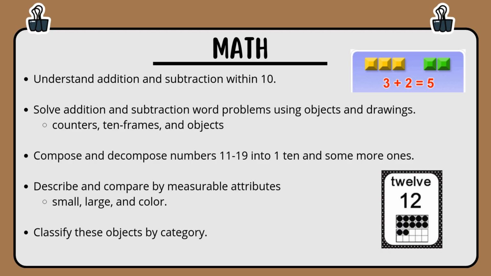You can also make 5 with 4 and 1, 1 and 4, as well as 5 and 0, and 0 and 5. We can see what the numbers 11 to 19 and 20 look like when using a 10 frame. We can see that the number 12 is represented by 1 full 10 frame plus 2 additional ones. We can also see that 2 full 10 frames would be equivalent to the number 20.